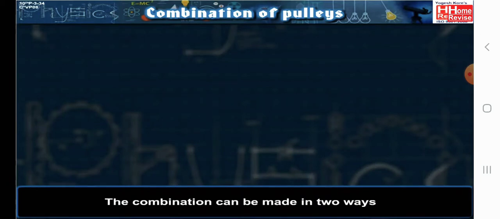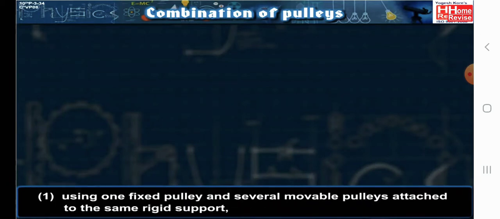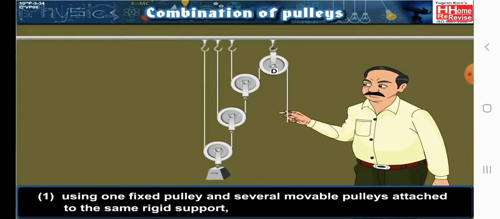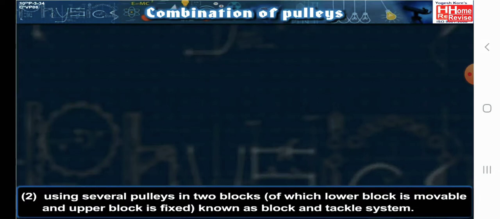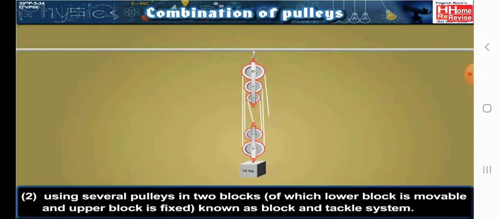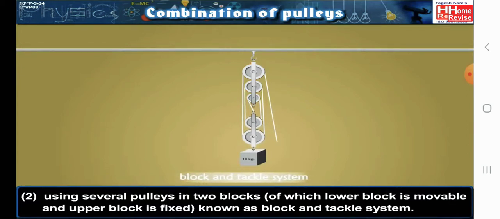The combination can be made in 2 ways. 1. Using one fixed pulley and several movable pulleys attached to the same rigid support. And 2. Using several pulleys in 2 blocks, of which lower block is movable and upper block is fixed, known as block and tackle system.